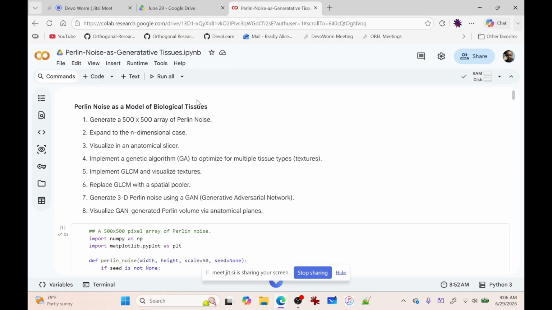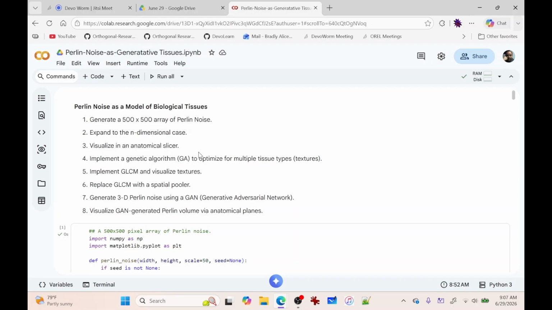This is a notebook I'm building with the assistance of Gemini, called Perlin Noise as a Model of Biological Tissues. The backstory is that a couple years ago, Richard Gordon asked me to do some Perlin noise demonstrations during DevoWorm.